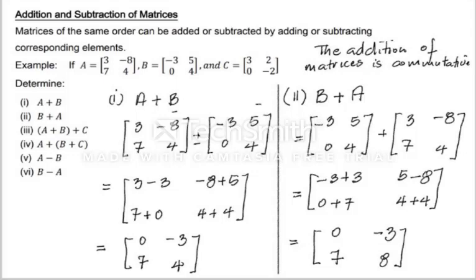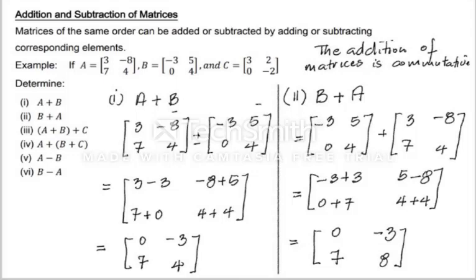All right. And the word commutative here means that the order does not affect the outcome. So we changed the order from A plus B to B plus A, but the answer came out to be the same. So we can conclude that the addition of matrices is commutative.